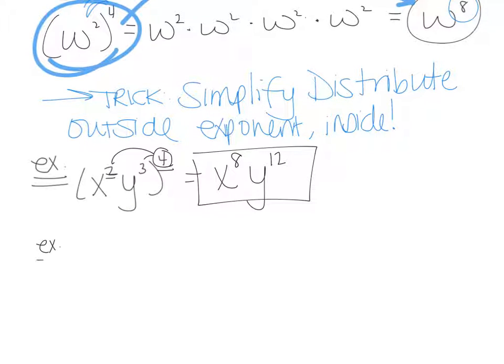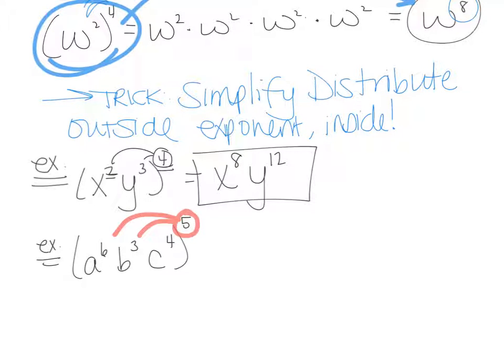Let's try another one. Let's do a to the 6th, b to the 3rd, c to the 4th, all raised to the 5th power. Just by looking at it, I know I have to distribute. How come? Well, I have an exponent on the outside of my parentheses.